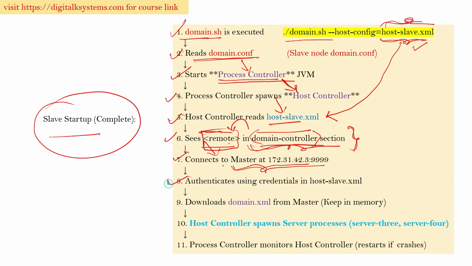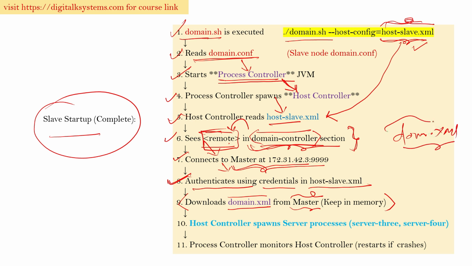When it tries to contact the master node, it authenticates with the help of credentials which we define in the host-slave file, the management username and password, right? And once it is authenticated, the important step here is it downloads the domain.xml file from the master node, right? So that means the domain.xml file of your master node is the master file, which is going to be downloaded to each and every slave node.